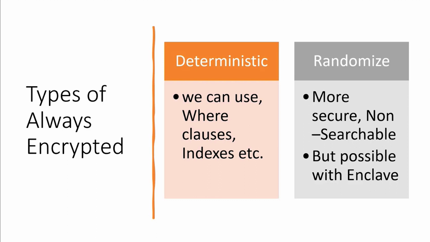At that time, people can find out what the data is. But at the same time, when we use deterministic, we can use where clauses, indexes, etc. on that column. If we use randomized, it will provide more security on top of deterministic, but we lose a few features, like searching. Those things are possible with the latest SQL Server with the help of the enclave. In our demo today, we are not going to use the enclave, but we will see how it works.